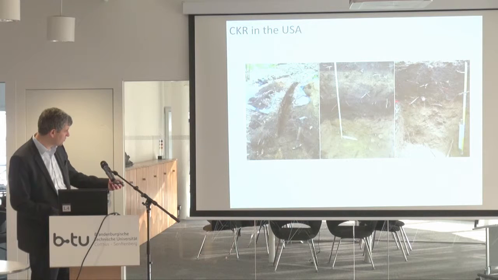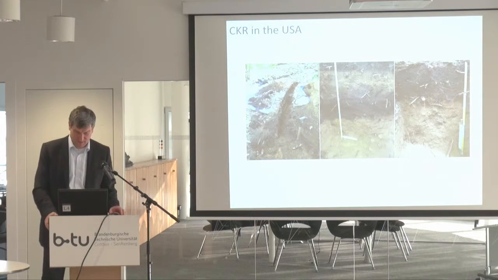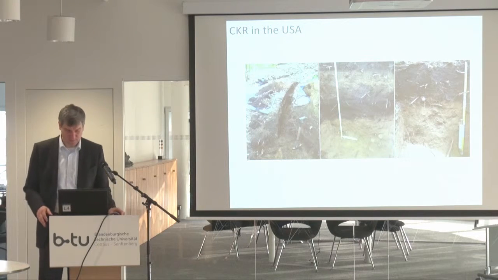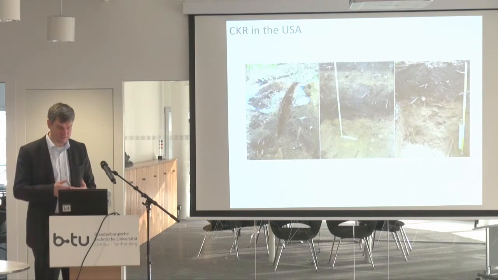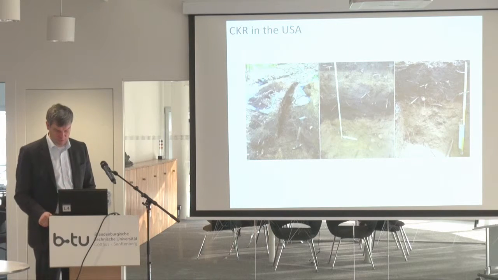You see these dark structures, the dark colors, which are the remains of the charcoal kiln production. Interestingly, these are two pictures from the same site. In one picture you just have one dark layer, and in the other you have a dark layer, a second dark layer, and a bright layer. This is proof for us that the site was used at least two times for charcoal production.